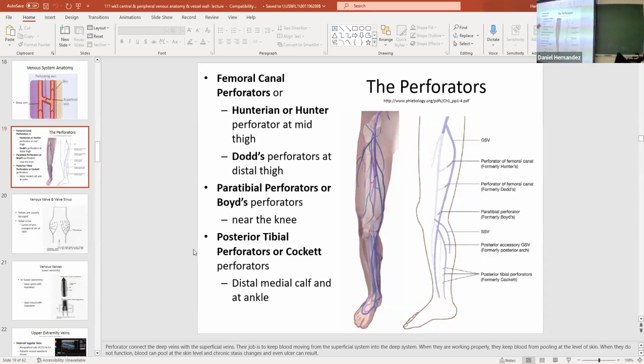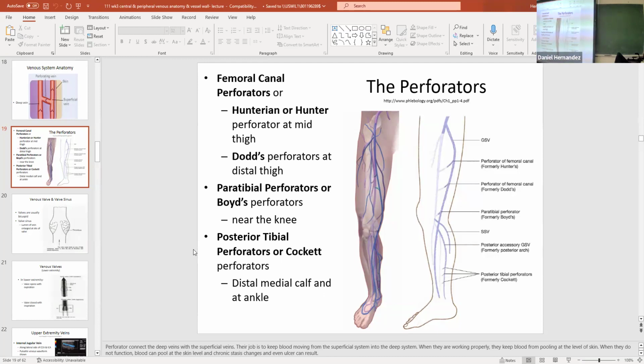So Hunterian, Dodds, Boyd's, and Cockett. Some of the previous students came up with a little mnemonic that said, hippies don't bite cheese. She was a vegan. So she went Hunterian, hippies, Dodds, don't, Boyd's, bite, cheese for Cockett.